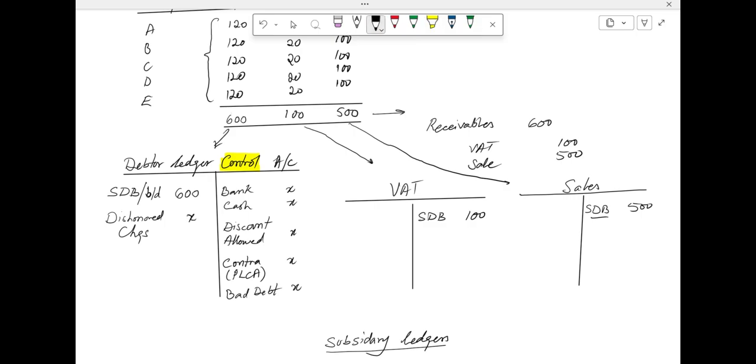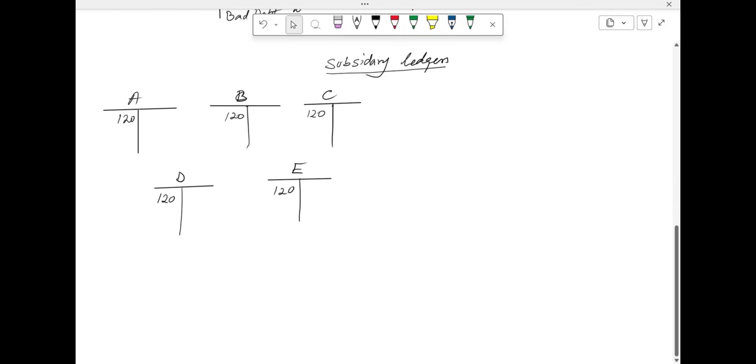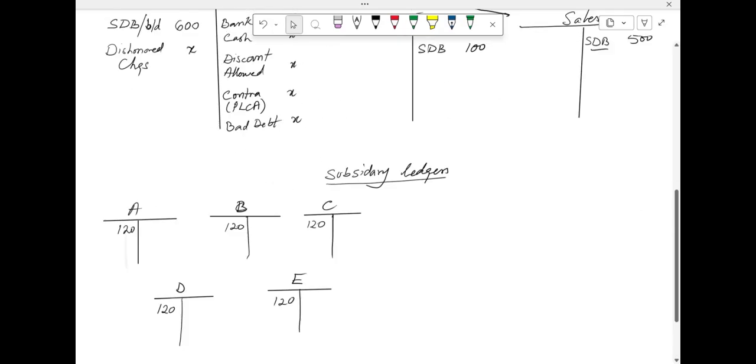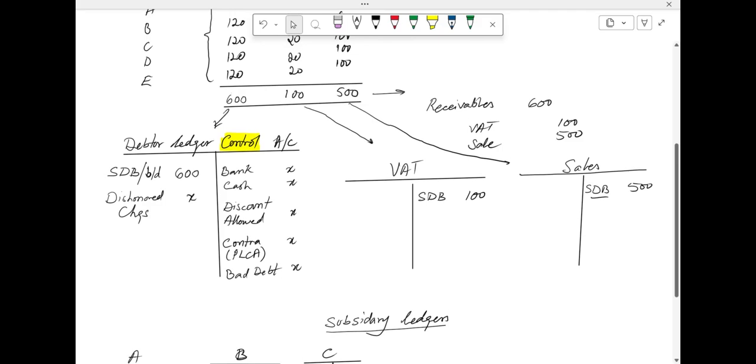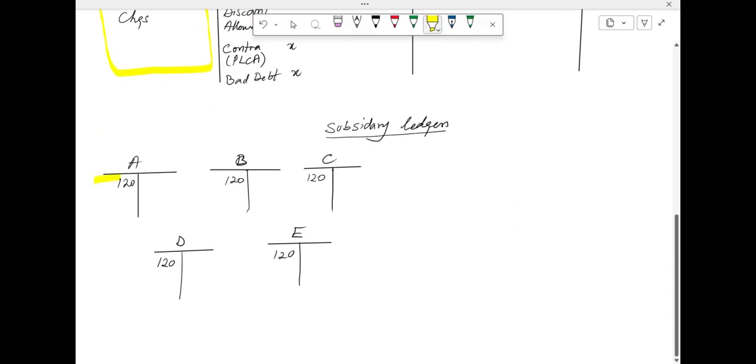Earlier, I said that individual balances of receivables is the breakdown of control accounts. So remember, whatever appears on the debit side of the control account will appear on the debit side of individual accounts. Easy to remember, follow the colors.